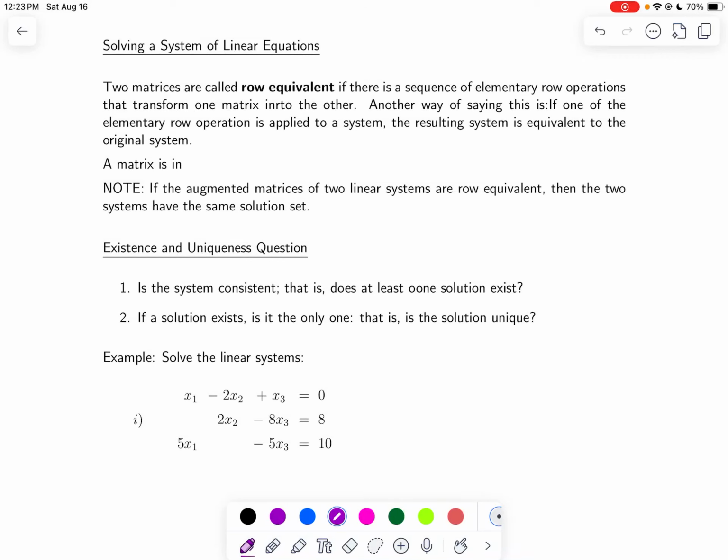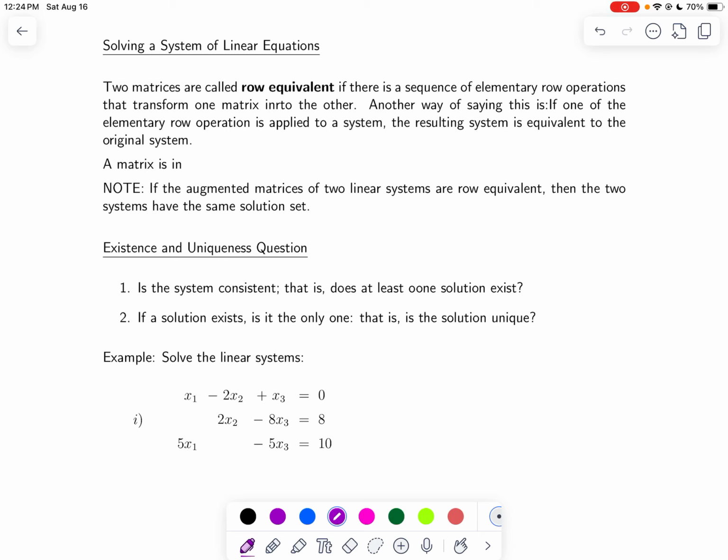Continuing with section 1.1, now we will learn how to solve the system of linear equations. In the first video of section 1.1, we saw that a system of linear equations can be represented by an augmented matrix. We also learned the three row operations that can be applied to any matrix.